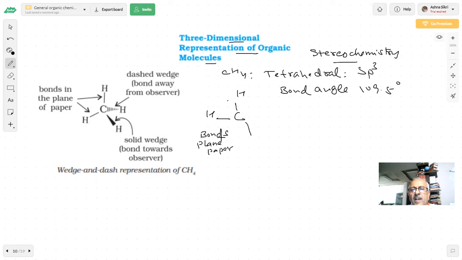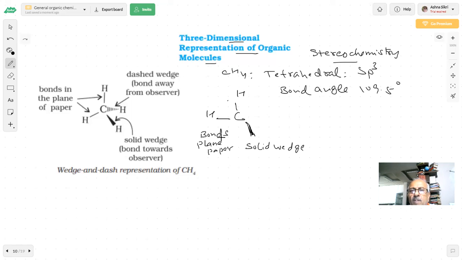And when I represent like this dark edge, see the dark edge, which is called the solid wedge. You are observing, this is the hydrogen which is towards the observer. This is towards us, towards the observer.